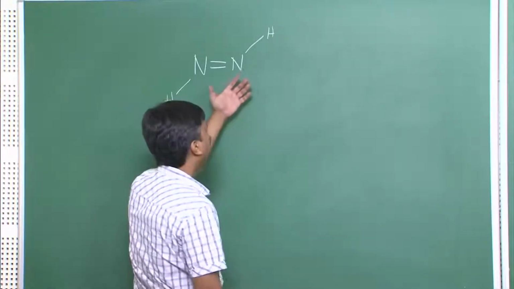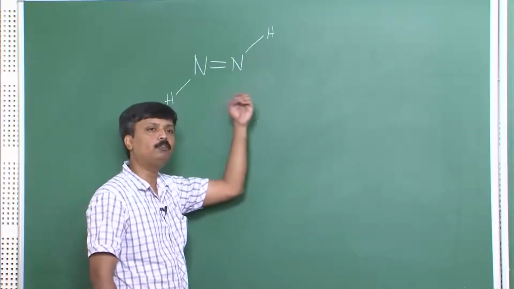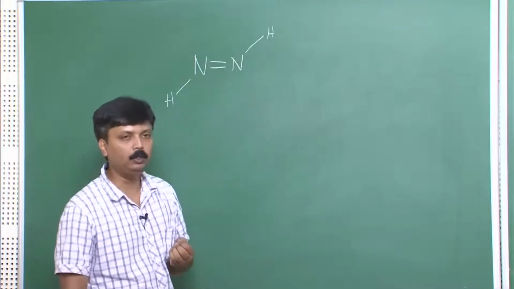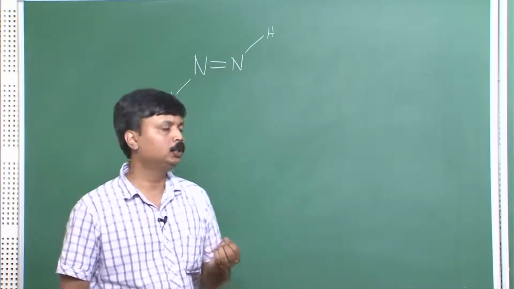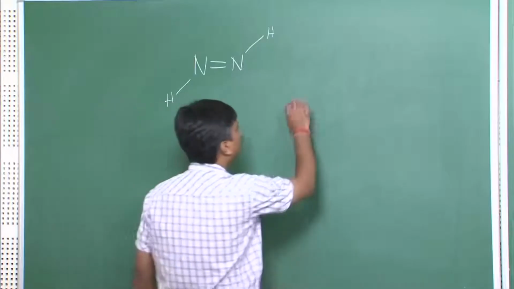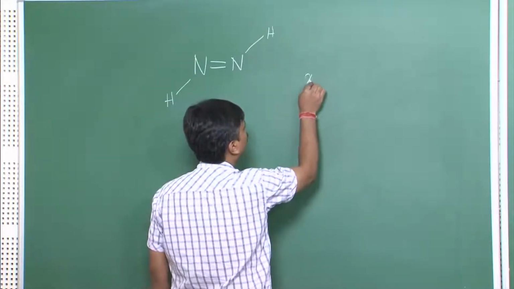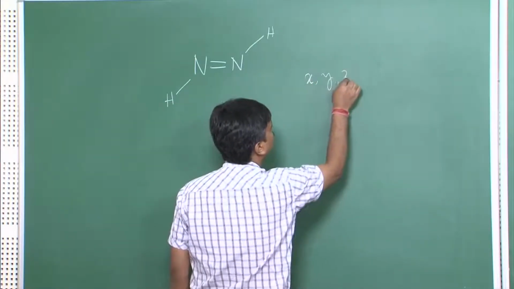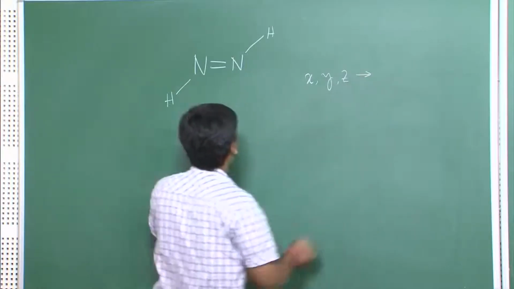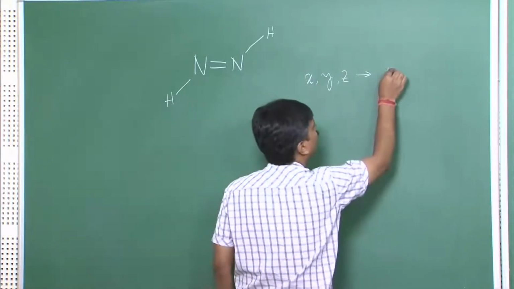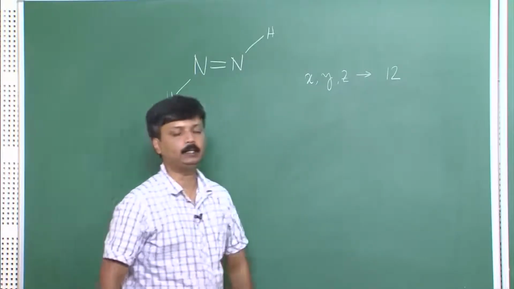I can also have all the x, y, z coordinates of all the atoms in this molecule as my basis functions. So if I consider all the x, y, z coordinates, I will have a total of 4 into 3, 12 basis functions in my set.